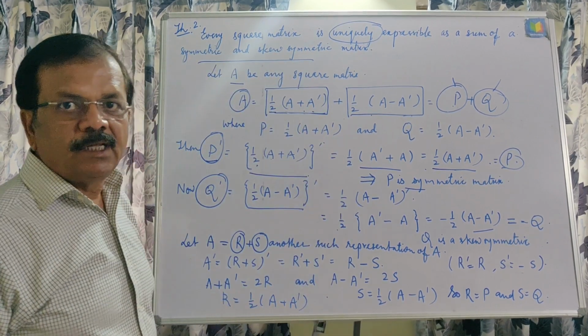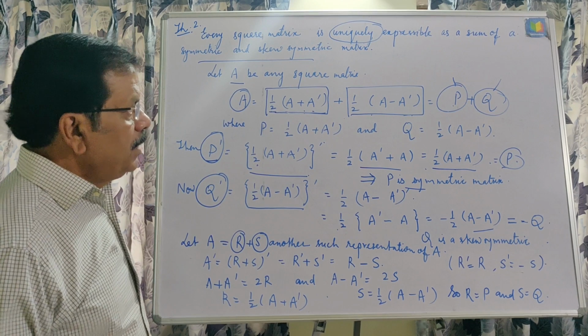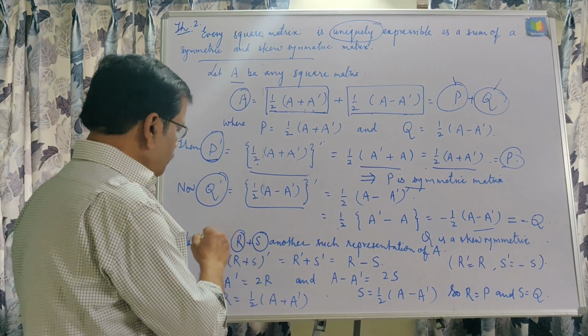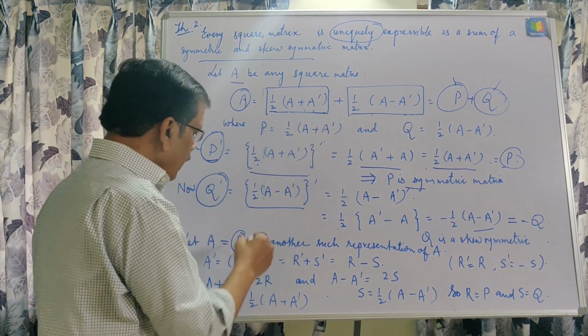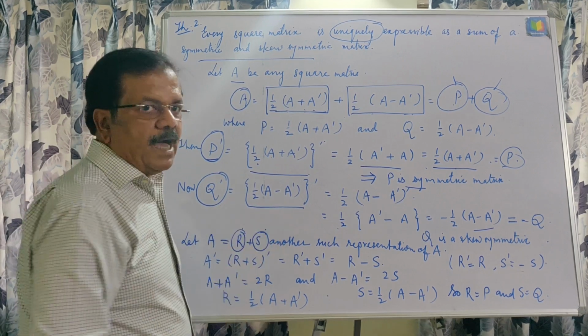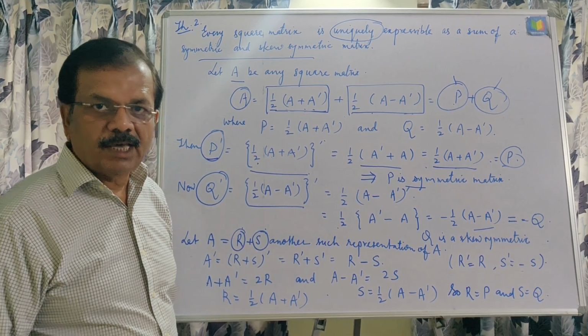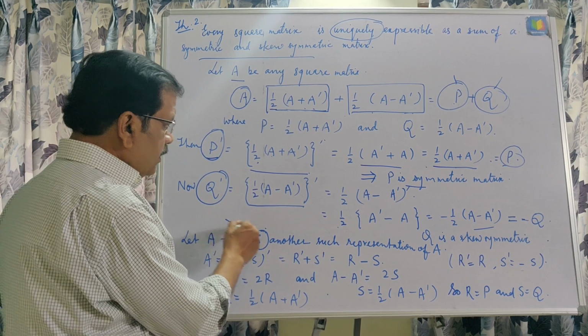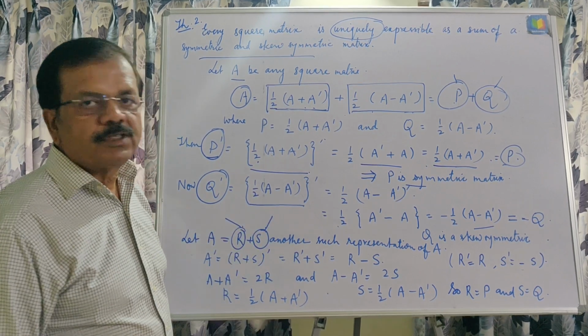But this summation is unique also, meaning for a unique representation of this we can take another pair of terms R and S, where R is a symmetric and S is a skew symmetric.